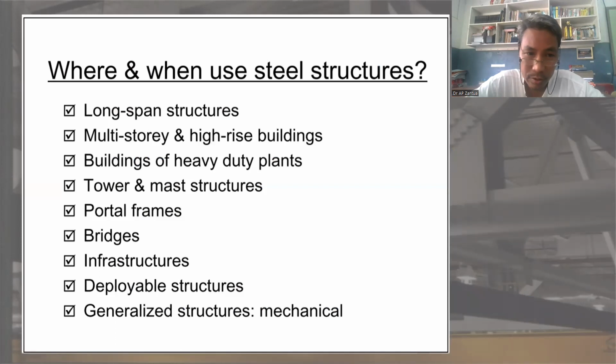Portal frames that we can relate to when we studied theory of structures. Bridges, infrastructures, deployable structures, and generalized structures, which are more or less mechanical, sort of in the boundary of mechanical and civil engineering.